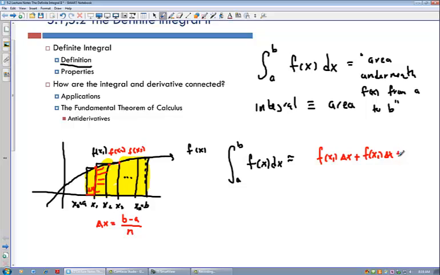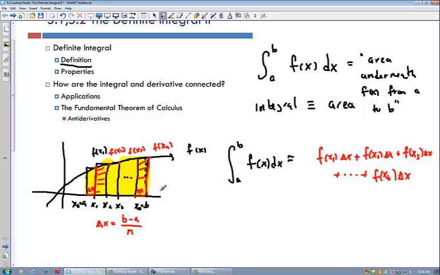So you'll add f of x sub 3 delta x, plus, and you keep doing this, dot, dot, dot, until you get to the last one. The last one has height f of x sub n. You'll take this height times this length, which again is delta x, and you'll get the area of the rectangle. So plus f of x sub n delta x.